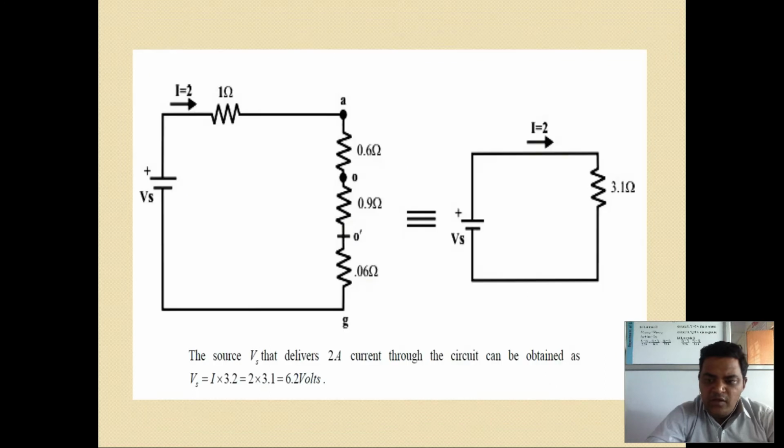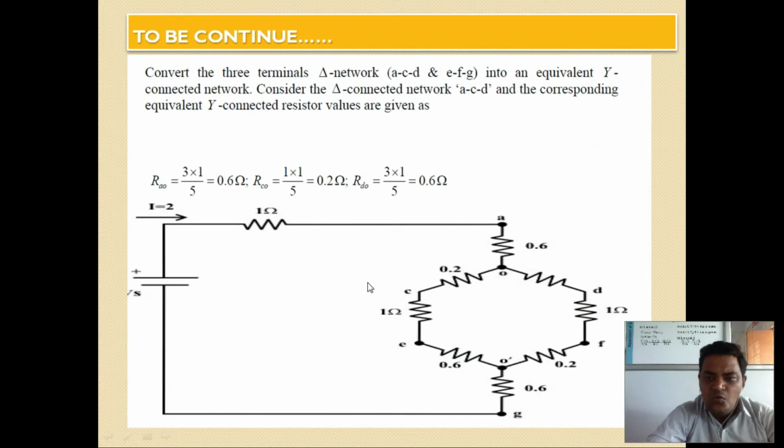So for this branch we get 0.6 plus 0.9 plus 0.6, and these are connected in parallel. So 1.8 and here 1.8, again 1.8 and 1.8 are connected in parallel.